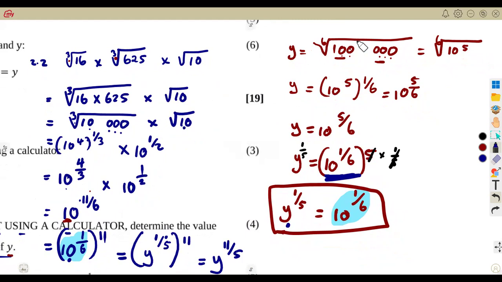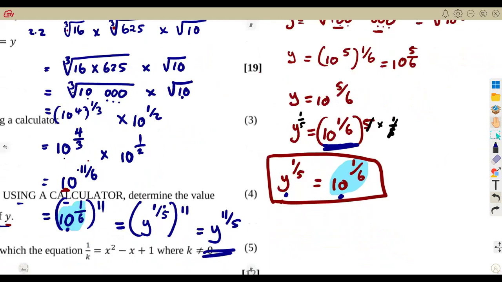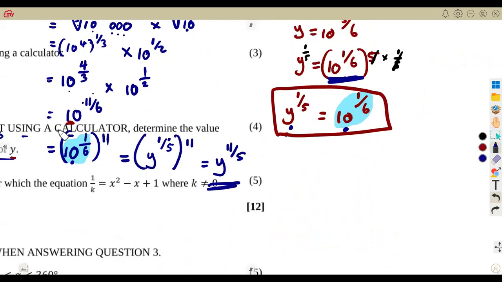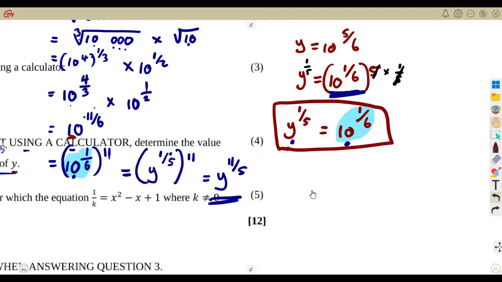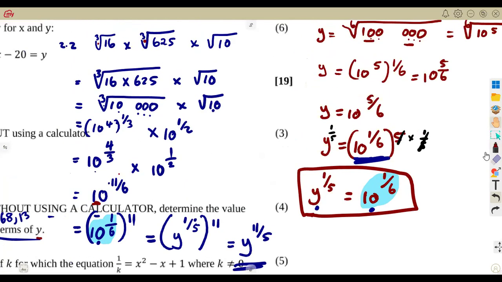So this is it, guys. We had to rewrite this in another way. Not to say we have changed our question. No, we just wrote it in the same manner, but in something that we understand. Then substitute that into this part. So we have written this in terms of y. So if we say this part here, because it must make sense.